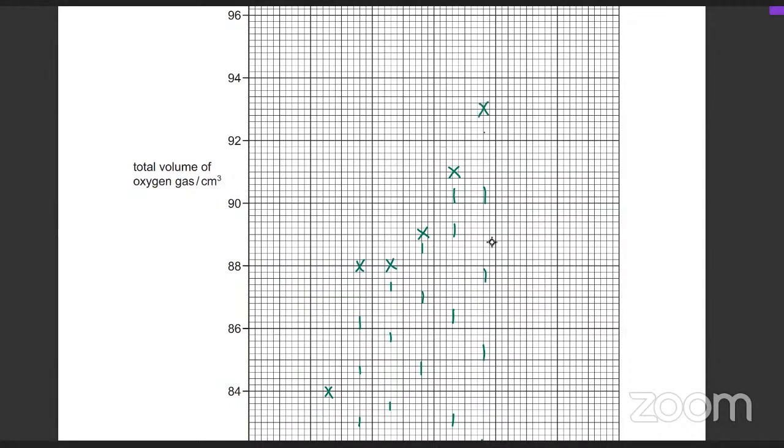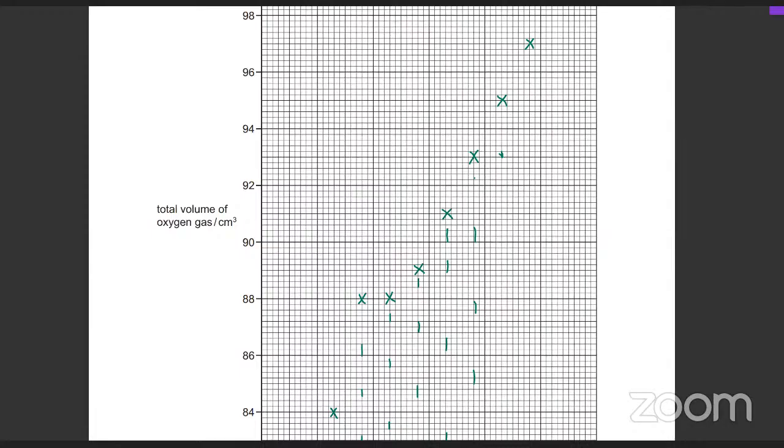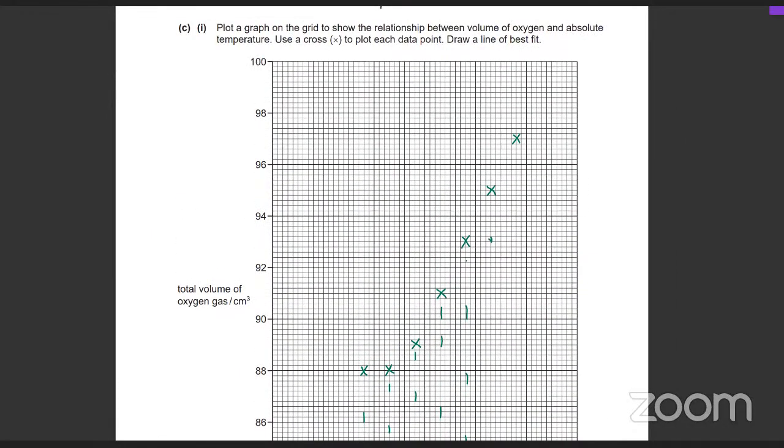Yeah, 93. After that, 333, 95. 333 and 95. That's probably this. 338, 97. And 97. Just a second. But I think we have another point after that. The last one left is 343, 98. 343 and 98. I think that's this one.